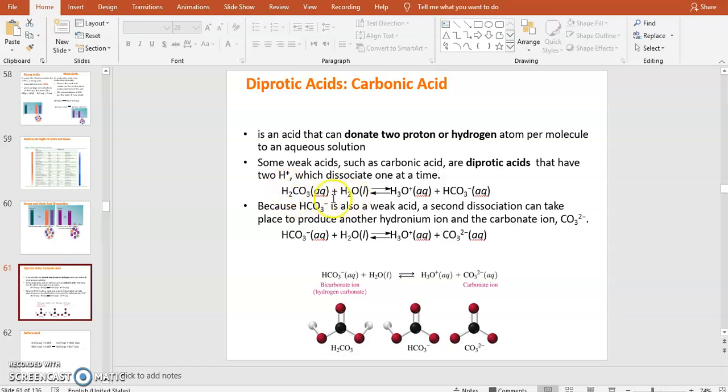If H2CO3 dissociates in water, you can see it dissociates into hydronium and HCO3. And HCO3 is not stable. It dissociates further into H and CO3 negative ion.